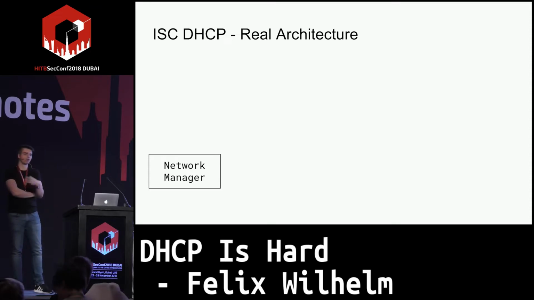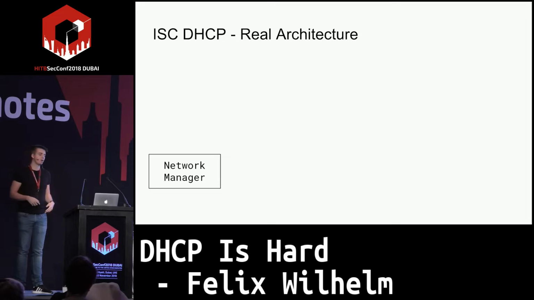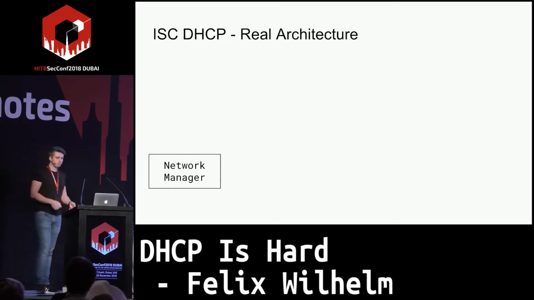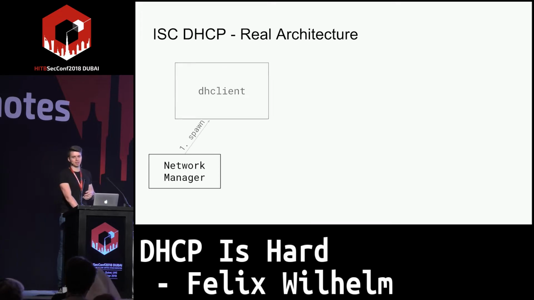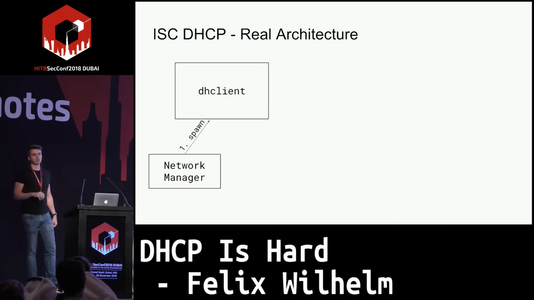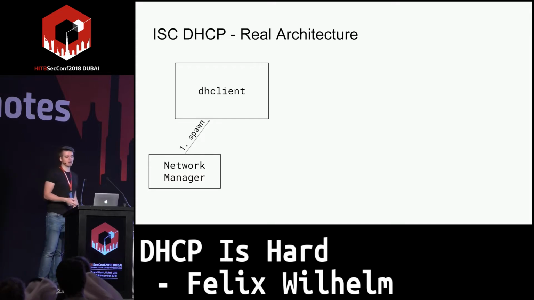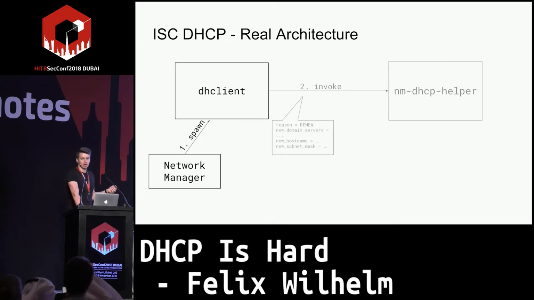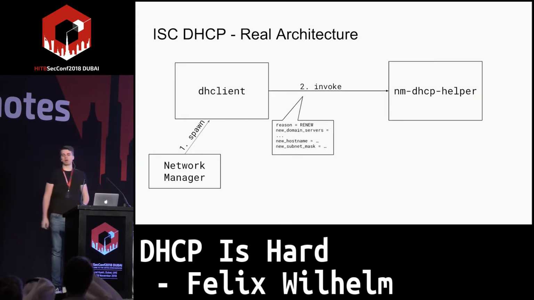If it sees router advertisement packets, so IPv6 router advertisement packets that specify stateful configuration, it will spawn a dhclient that supports DHCP version 6. So as an attacker, you can easily trigger DHCP version 6 clients by just sending the right router advertisement packets over the network. So the dhclient still does its thing and invokes a helper script with the environment variables.